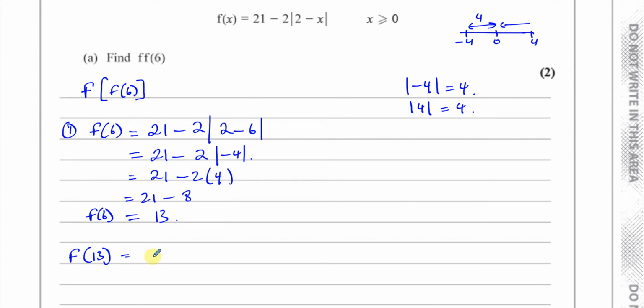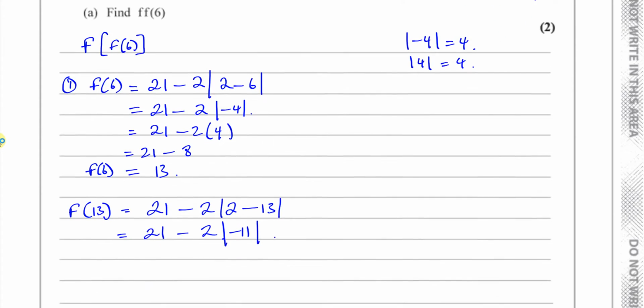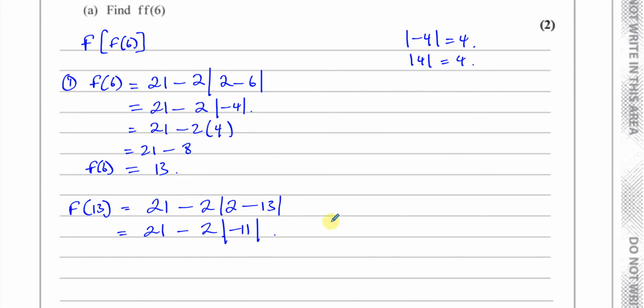f of 6 equals 13, so if you replace 13 inside the function f, it's like you've put f of 6 inside the function f. So that's going to give you 21 minus 2 times 2 minus, instead of x, you're going to put 13, which is going to give you 21 minus 2 times 2 minus 13 is minus 11. It's still the modulus, not a bracket. It's a modulus of negative 11, which will give you 11.